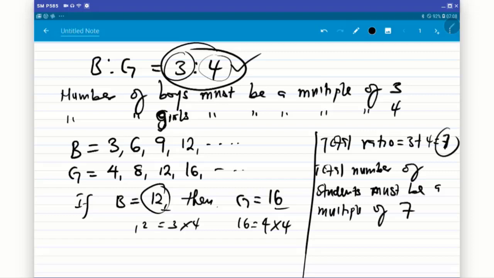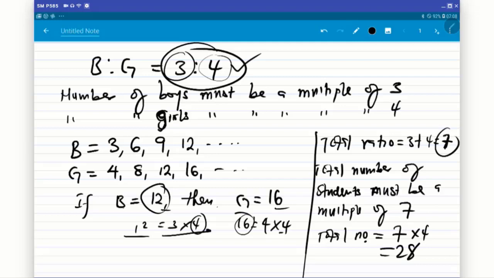That's the total ratio, 7. So if boys are 12, that's their ratio times 4, and the girls are 16, that's their ratio times 4, then the total number of students must also be the total ratio times 4, which will be 28. And if you sum 12 and 16, what do you get? 28.